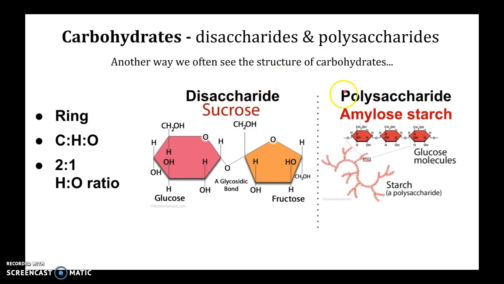And look at this. This is a polysaccharide. Poly meaning many. This particular macromolecule is amylose starch. It's made up of glucose molecules. This disaccharide, sucrose, is made up of one molecule of glucose bonded to a molecule of fructose.